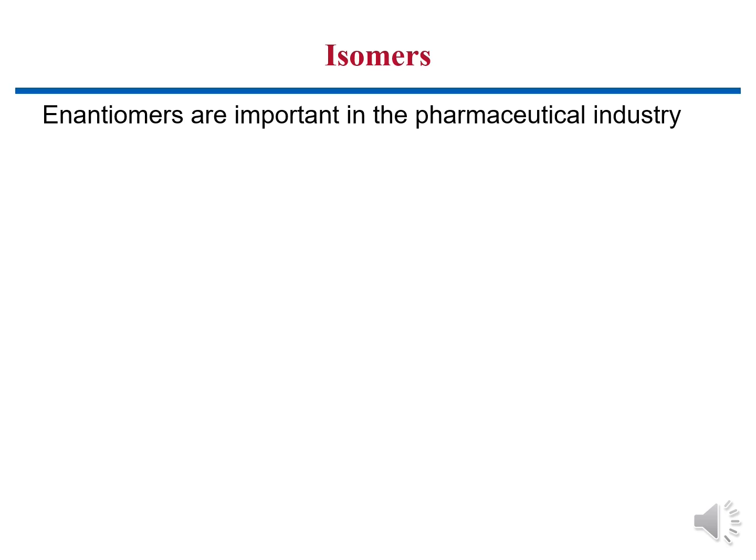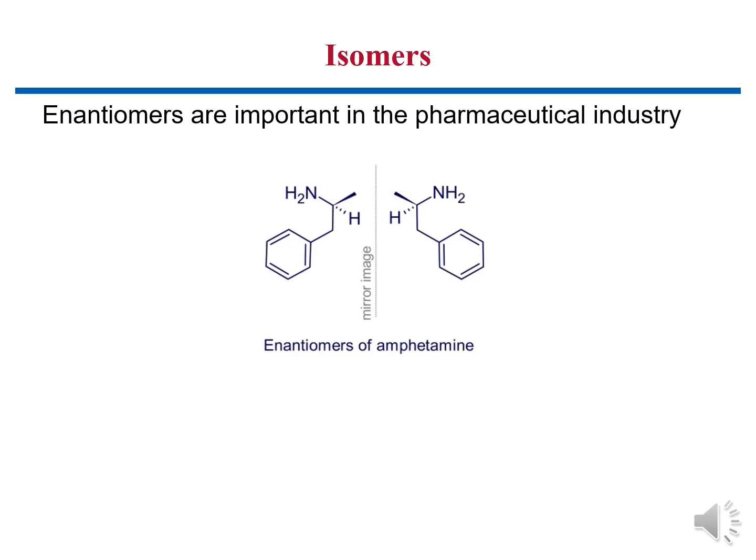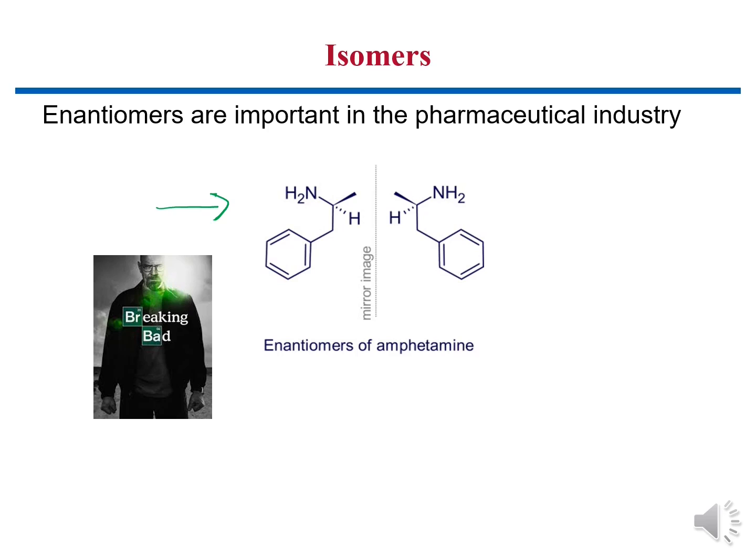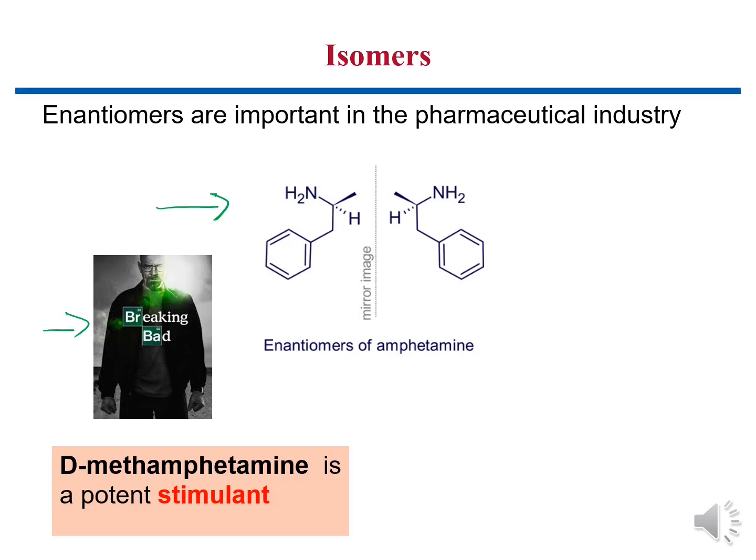Now let me show you another example of an enantiomer that is very famous on TV. Maybe if I show you this, you will not recognize it. But if you watched this old TV show called Breaking Bad, this is a common stimulant called methamphetamine that is a potent stimulant.